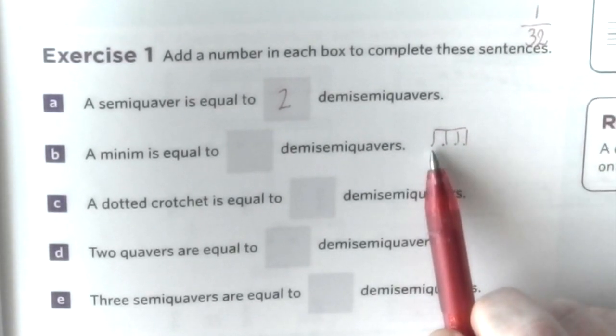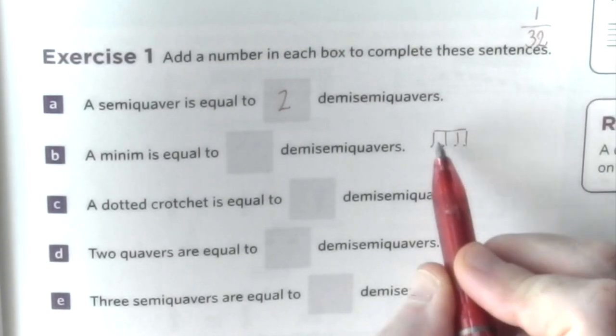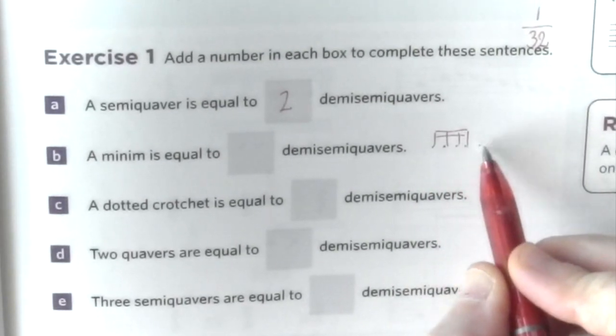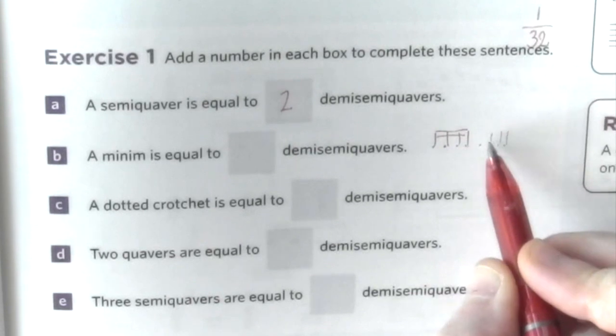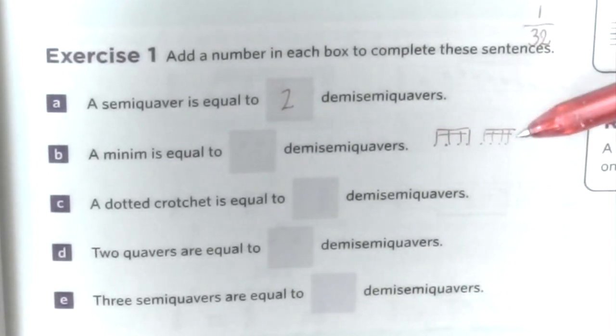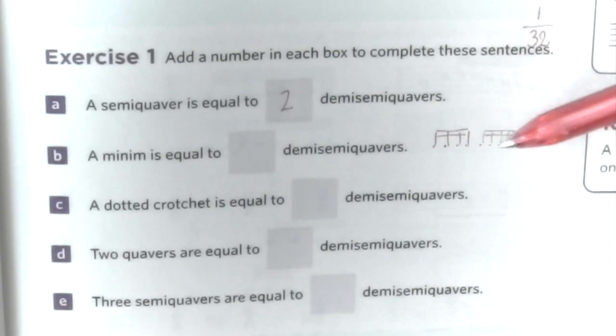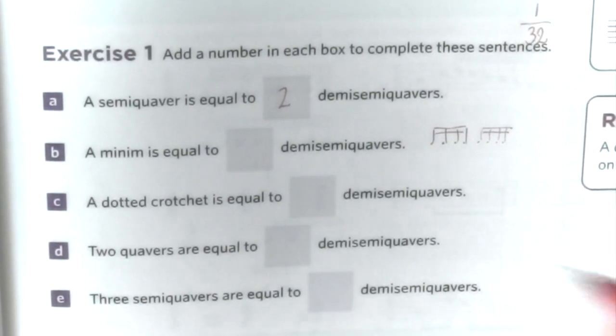Each quaver equals 2 semiquavers. So we have 8 semiquavers. Now the demi-semiquavers are double this amount, so not 8 but 16.